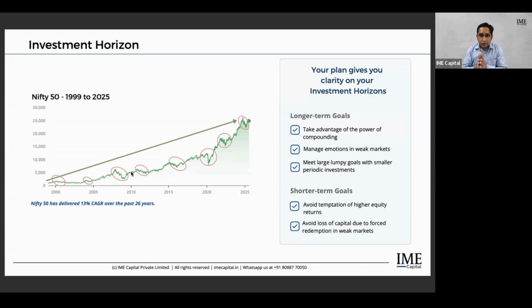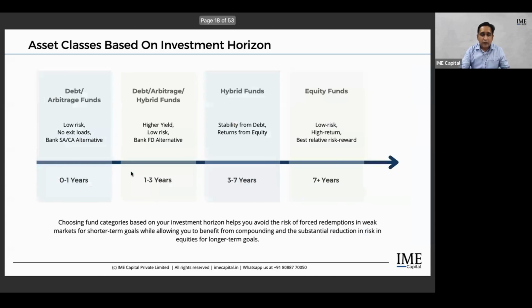Which is where this bifurcation comes in: short-term goals should always be in low-risk asset classes, and your longer-term goals should be invested in equity or a higher risk asset class. And this is effectively what the framework is. Shorter term goals, lower risk asset classes; the longer the horizon, the greater the allocation you can take to equity, where market volatility doesn't really impact your emotions or your larger plan.